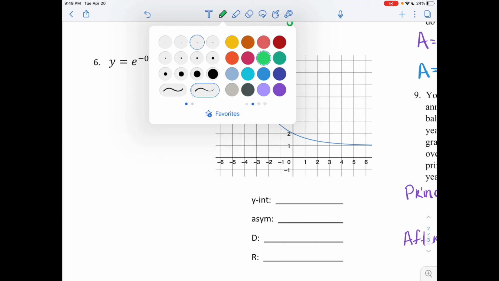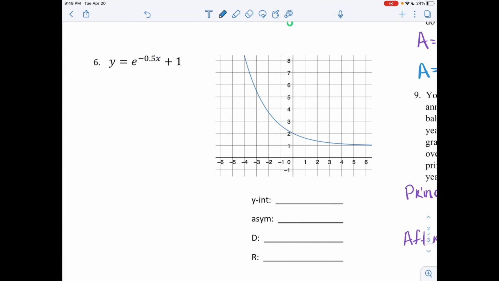And right off the bat, you should notice that we have not just our regular exponential function, but we have a +1 tacked on the end. Guess what that does? It does the exact thing that a +1 tacked on the end of any other function that we've discussed this year does. A +1 means that we have translated up by 1.